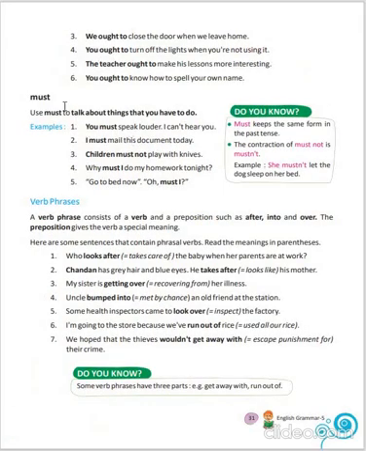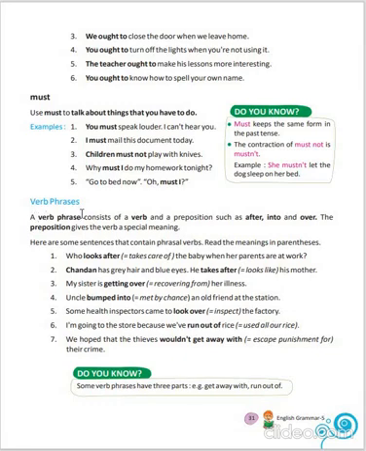Now let's learn the use of must. Must is used to talk about things that you have to do, like, you must speak louder. I can't hear you.